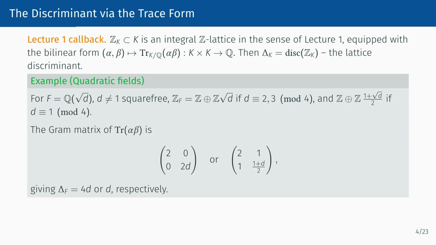And you can write the Gram matrix of this symmetric bilinear form in each case. In the second case, 1 and √d, the trace of √d is just 0. So you're really left with the diagonal matrix. And in the first case, you get trace 1 for the (1+√d)/2, you get this nice matrix of determinant d. So you see that the discriminant is either 4d or d respectively.